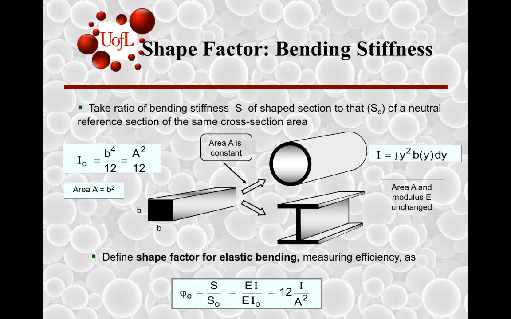The area is unchanged and the modulus is also unchanged because we're making it out of the same material. So the shape factor for elastic bending for a given material is simply I divided by I0, and this original I is a square by 12, so you have the shape efficiency factor for elastic bending as 12I divided by a square. Let's take a look at what these mean for specific materials, because we haven't yet looked at that.